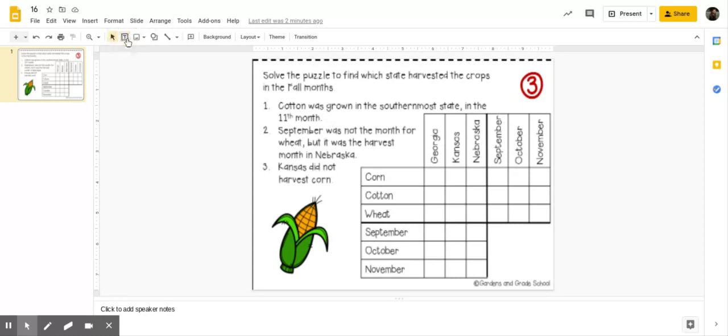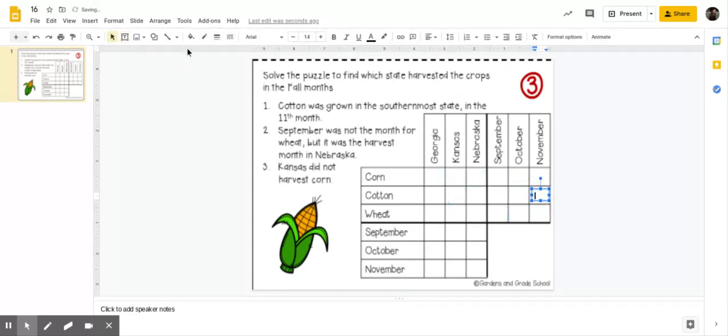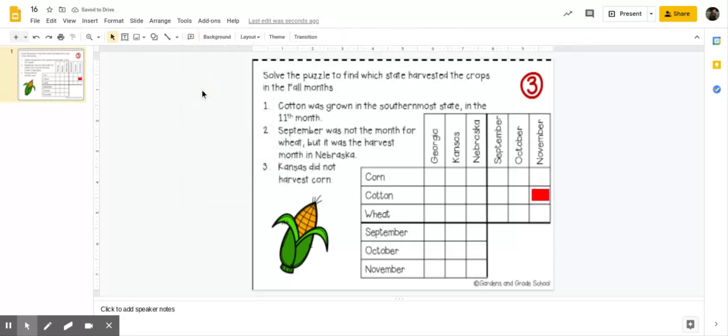So I'm going to take my text box and find cotton and go all the way over to November, which is right here. And I'm going to fill in the text box and make it red. Now, I didn't go to cotton and try to put November down here because I don't yet know what state cotton is picked in.